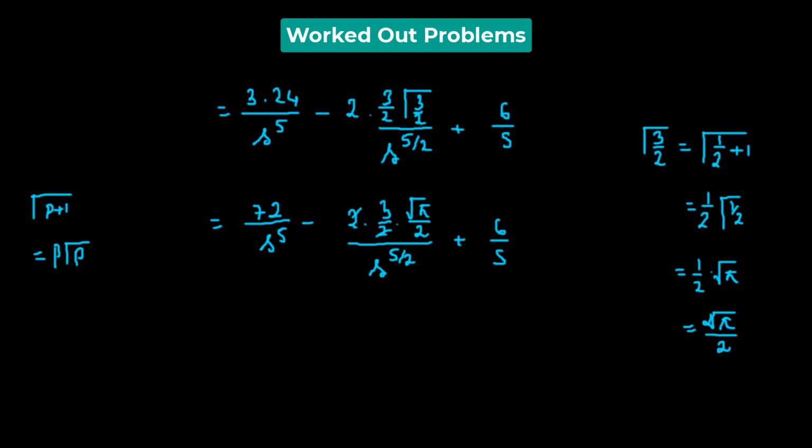So the 2 and 2 get cancelled, and that leaves us with 72 over s^5 minus 3 times square root of pi divided by 2 times s^(5/2), plus 6 over s. Of course, for all the cases, s must be greater than 0.